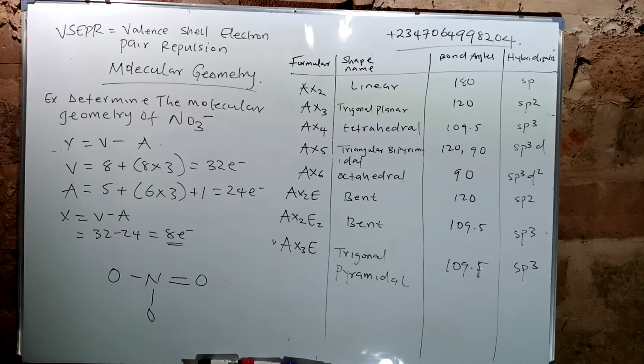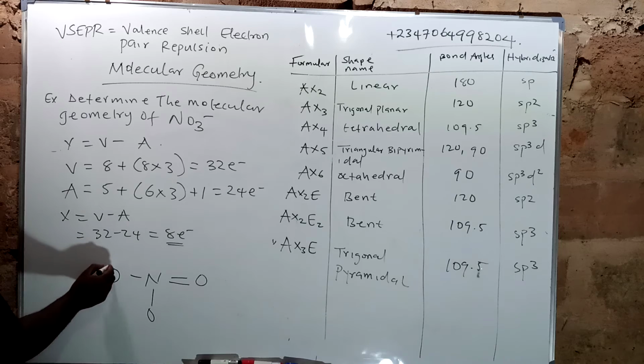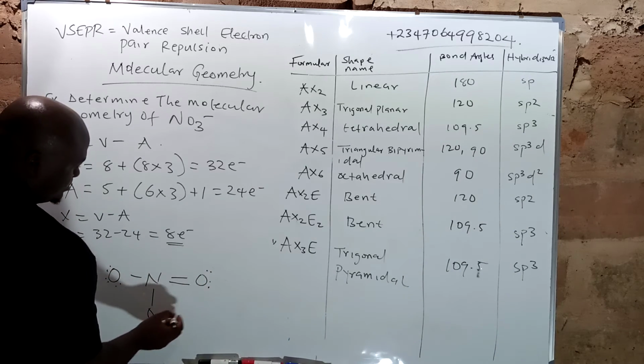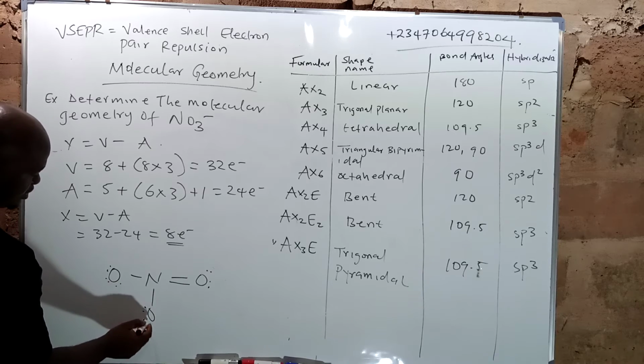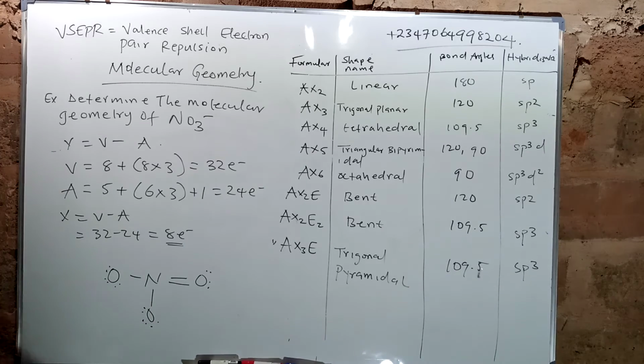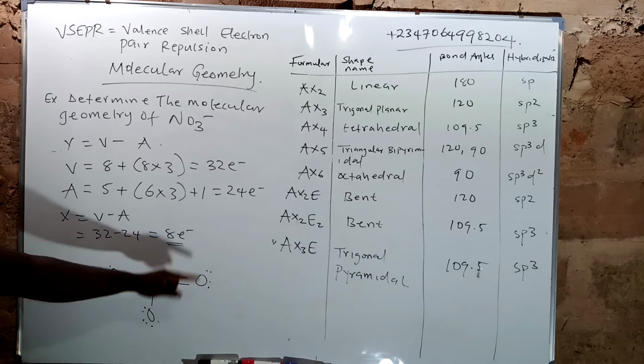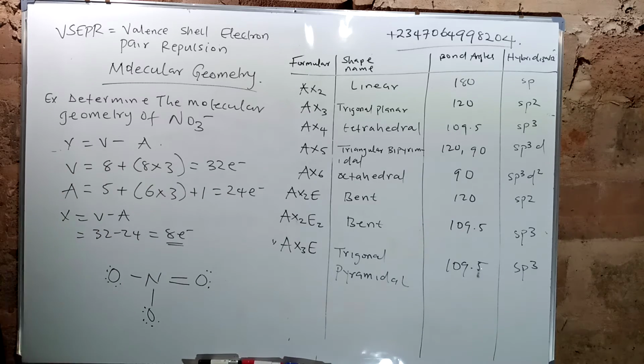So the next thing is we have to balance. And then this is 3, of course. And remember, I said in Lewis, at the end of the day, the total number of valence electrons must be equal to 24, right?